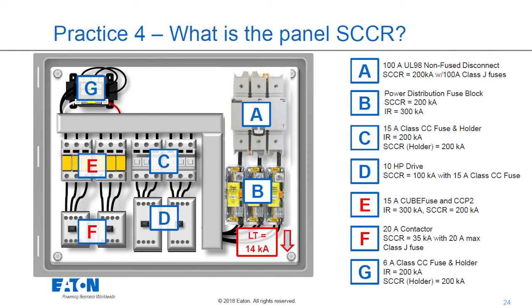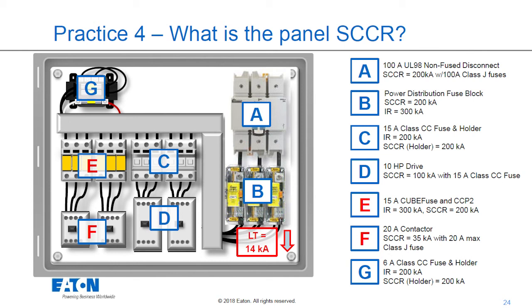My contactor now has a 35 kA rating with a 20 amp max class J fuse, so I'm good. This actually says with a class J fuse, but I used a CUBEFuse. But if you remember my exception from last week, I'm allowed to use fuses that have equivalent or better let through.